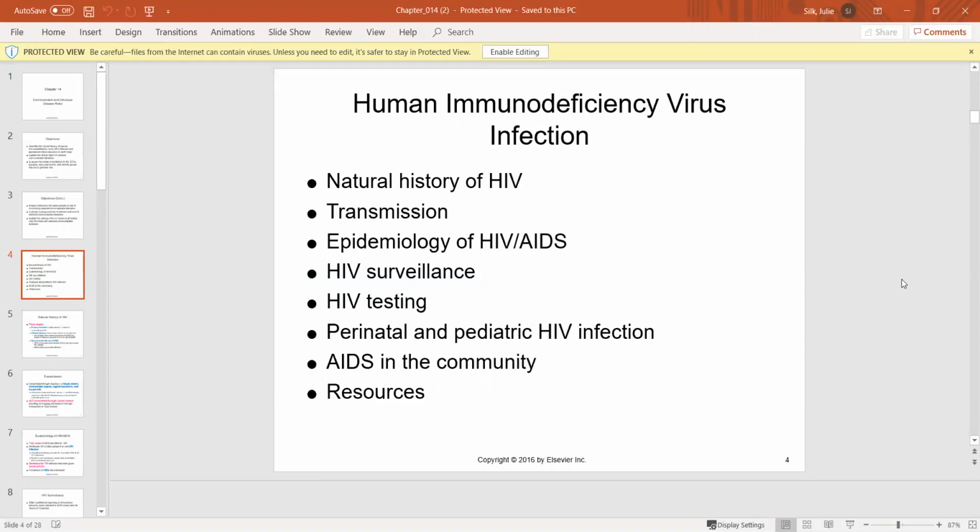So now we know, so we can treat people better and kind of be prepared for what could come. So like with perinatal and pediatric HIV infection, I mean, horrible, right? If someone gets it when they're young like that. So there are a lot of resources out there for people now, so they have a lot better information about this disease process.